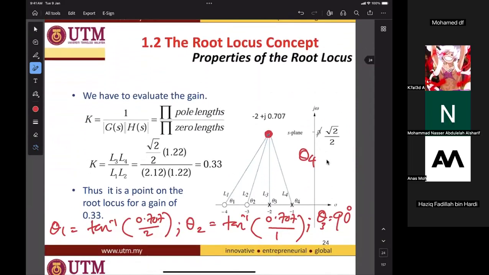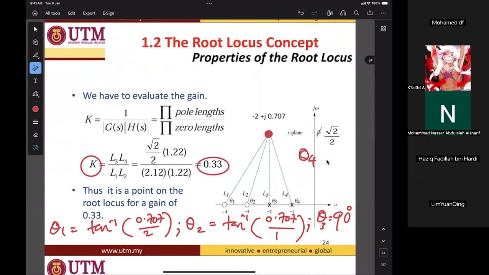Then we calculate the gain K. You will get 0.33, by using the Pythagoras theorem, L3 divided by L4 or L1 divided by L2. L3 and L4 are due to the poles, and L1 and L2 are due to the zeros.